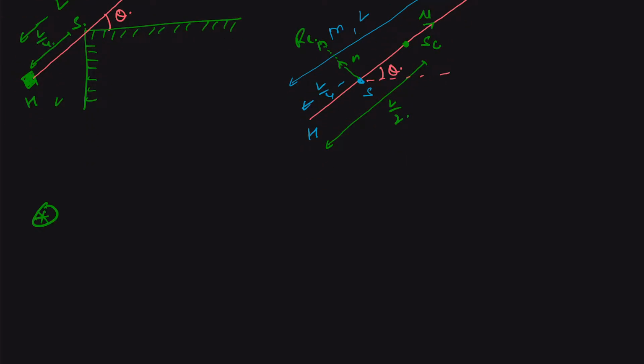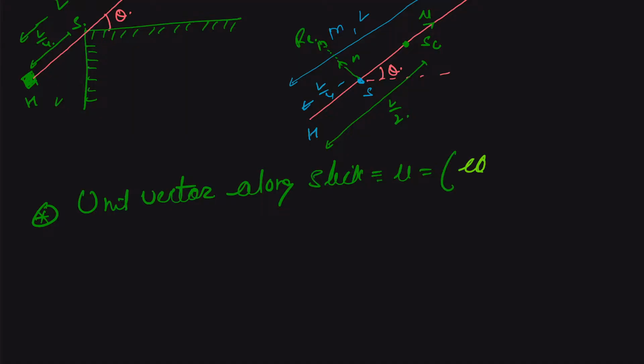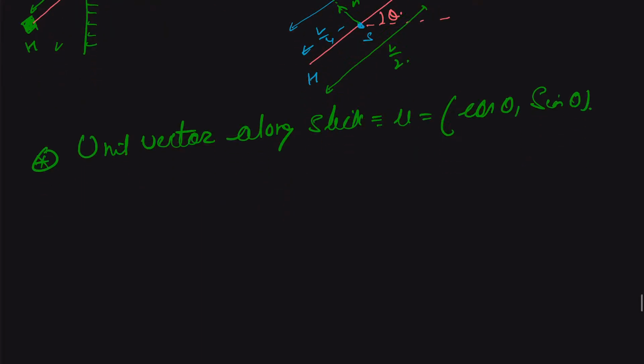So the unit vector along the stick, which we have taken as U, can be written as cos of theta and sine of theta, that is the x coordinate as well as the y coordinate.